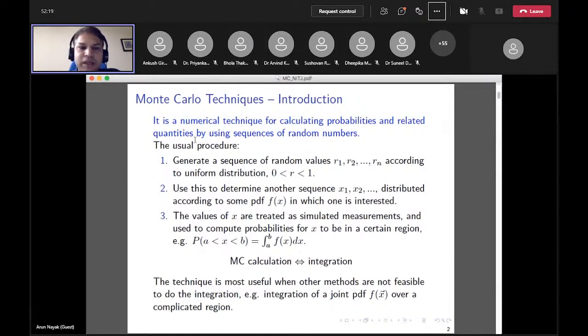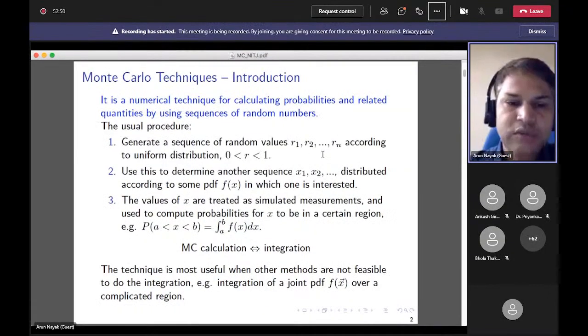The typical procedure is that you generate a sequence of random values, say R1 to Rn, according to a uniform distribution between 0 and 1, and then from this distribution you determine another sequence, x1 up to xn, which are distributed according to some desired PDF, the PDF that you want for your problem.